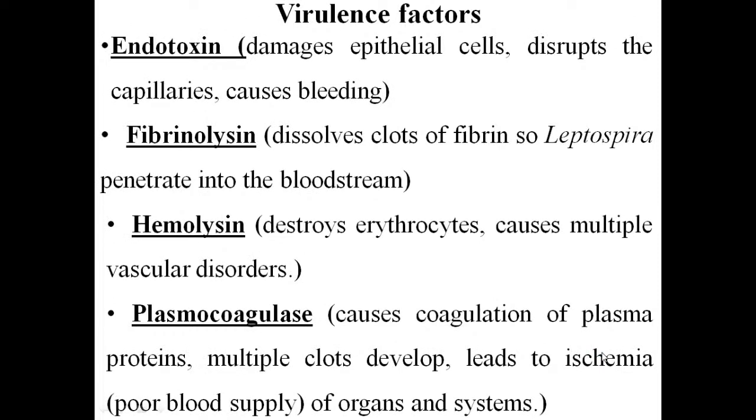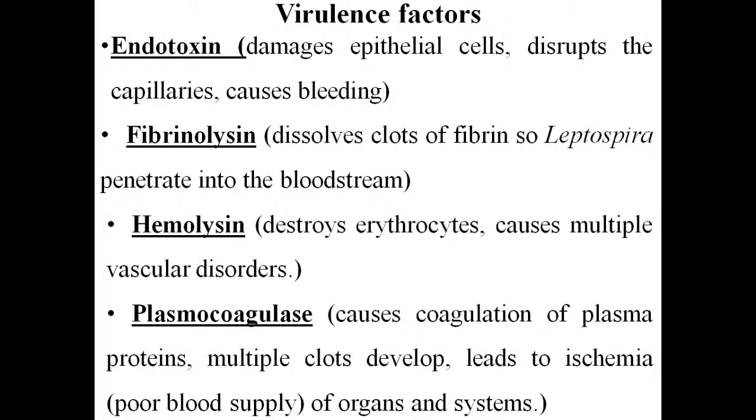What about virulence factors? This bacterium is gram-negative, so it produces endotoxin that damages epithelial cells and disrupts the capillaries and causes bleeding. So one of the most widespread manifestations is bleeding, internal bleeding, for example. Another one is fibrinolysin.